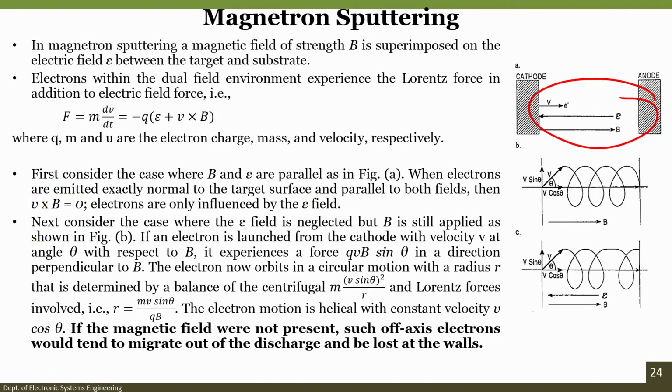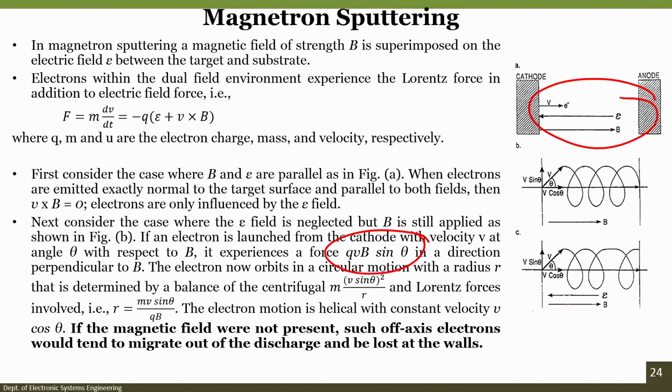Now, if we consider the case where the electric field is neglected, but only the magnetic field is still applied, as shown in figure B, which is here, what will happen? The electron is launched from the cathode with a velocity v at an angle theta with respect to B. It experiences a force, given by this equation, in a direction perpendicular to the magnetic field.